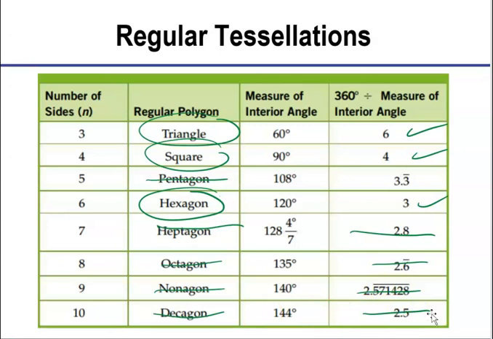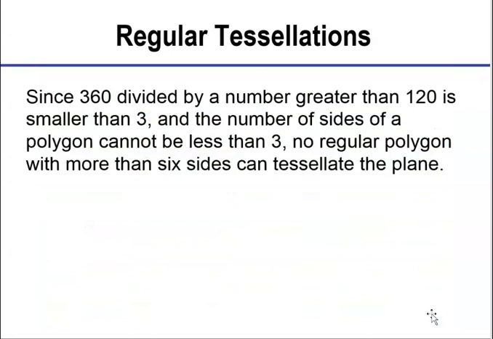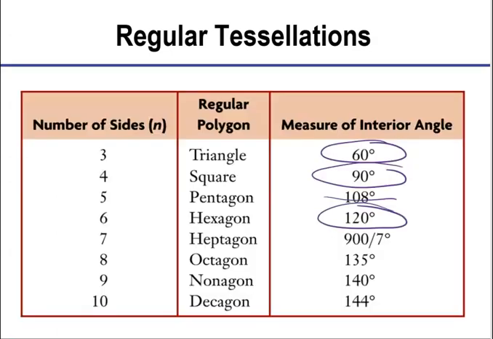As a matter of fact, it says since 360 divided by a number greater than 120 is smaller than 3, and the number of sides of a polygon cannot be less than 3, no regular polygon with more than 6 sides can tessellate the plane. Okay, so basically we know them. All the regular polygons that'll work are just a triangle, a square, and a hexagon.